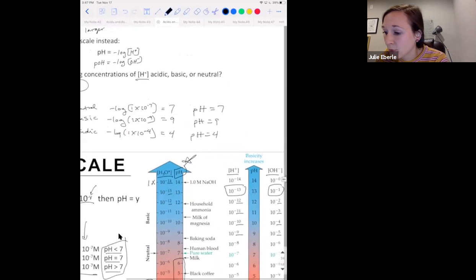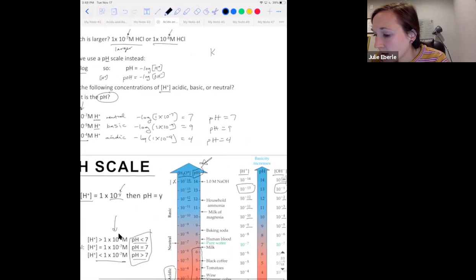That's because if you remember from KW, I'm going to write KW up here. KW is 1 times 10 to the minus 14, and that always equals the concentration of OH minus times the concentration of H plus. So those always add up to the minus 14. And then we also have another equation here that will be handy, I think, as well. pH plus pOH equals 14.